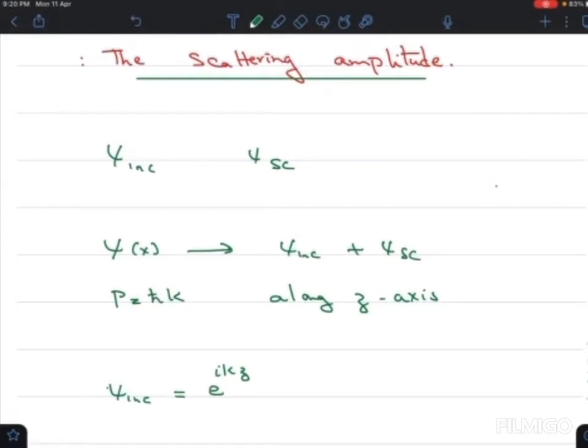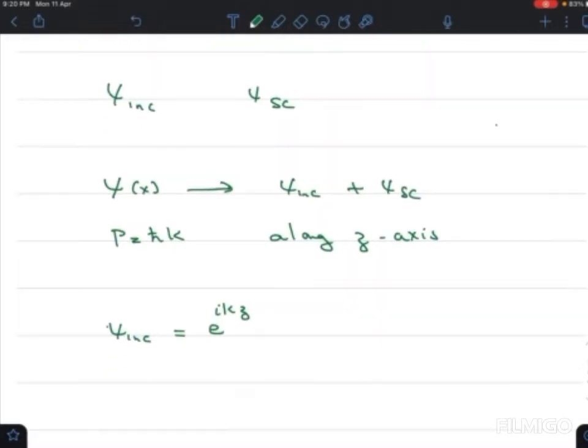And again we know that the modulus square of this wave function is to be understood as the number of particles per unit volume.